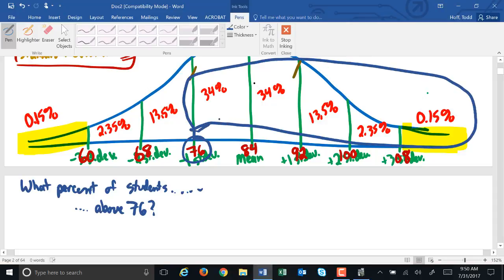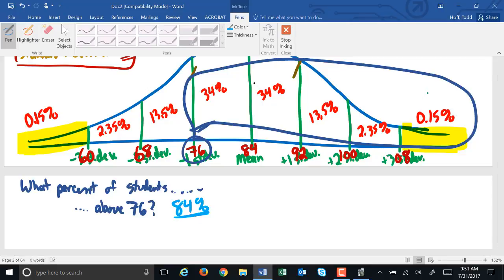So if I add those percents all together, that would be the percent I would expect to be above 76. If I add those all up, I get 84%. So what that's saying is 84% receive a C or better in the course. Now, technically, you have to have a C, not a C minus. So it's actually 80%, not 84, or not 76, but still, you get the picture.